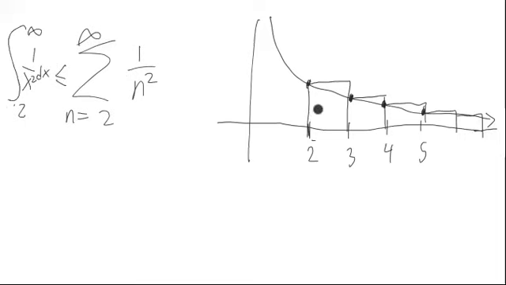Let's do another comparison here, or another thought process. Let's erase these and think about this in another way. What if we did our areas a little differently? We drew our areas going to the right.